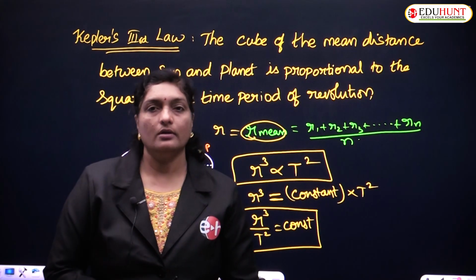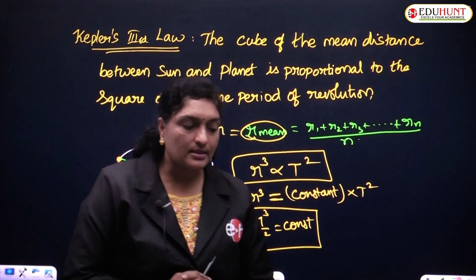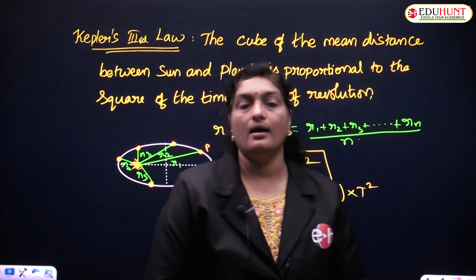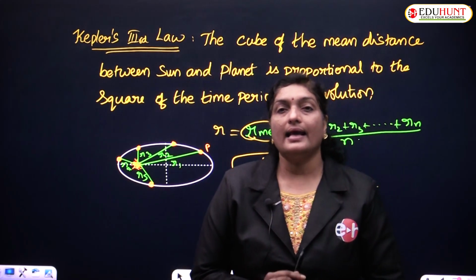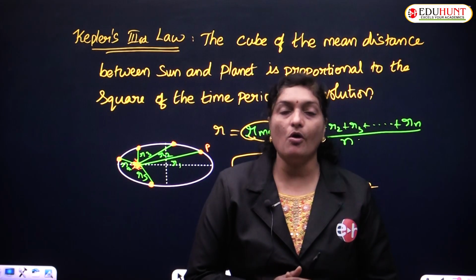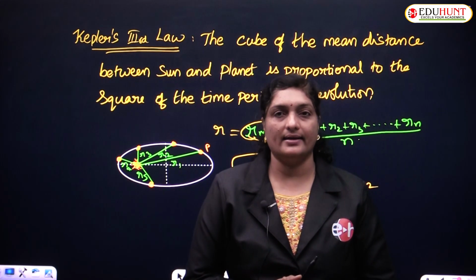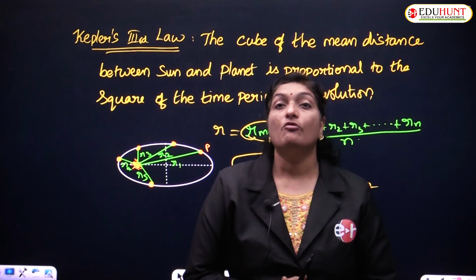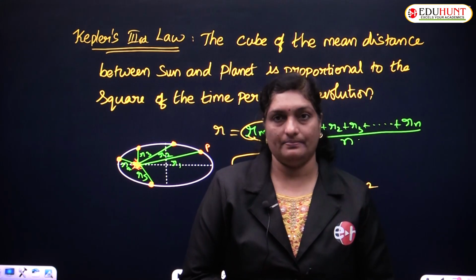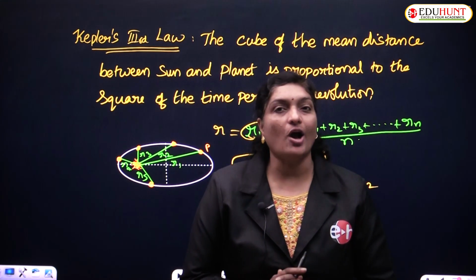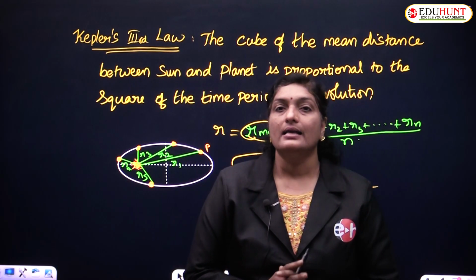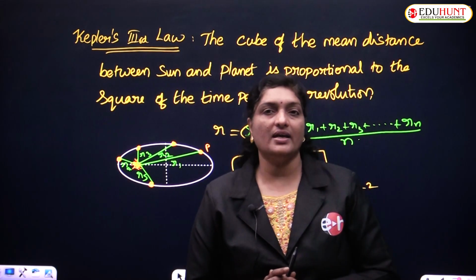Now let us try to understand in detail regarding Newton's third law and how it is related to Kepler's third law. Newton's third law is the main law which tells us regarding the force that acts on the planet, and this force is called force due to gravity. Every object exerts some amount of force on every other object.